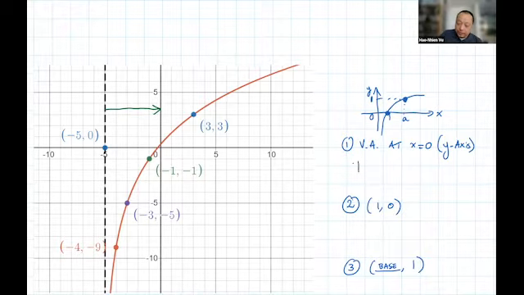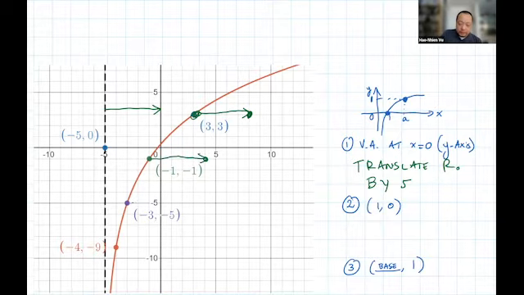That means I want to translate to the right by 5. So if I translate everything to the right by 5, then this point 3, 3 is going to get to here. This point will get to here, here, and here.